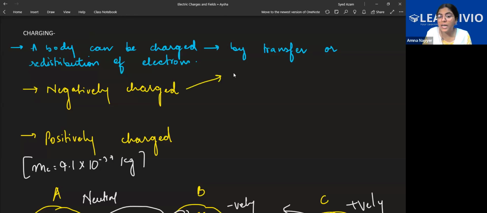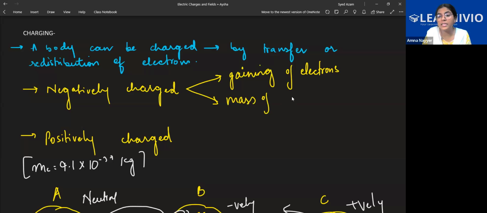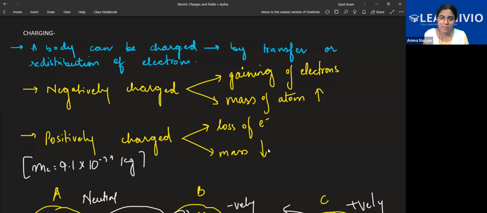First of all, the body is negatively charged because of gaining of electrons. Also, the most important point: the mass of the atom will increase. Whereas a positively charged body is formed by loss of electrons, and the mass decreases. These are the conclusion points that we need to remember.